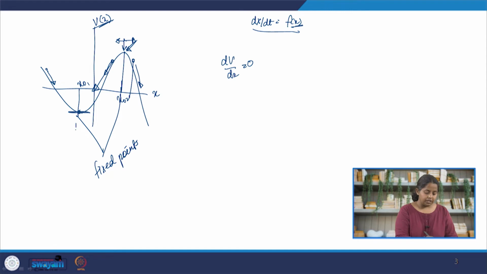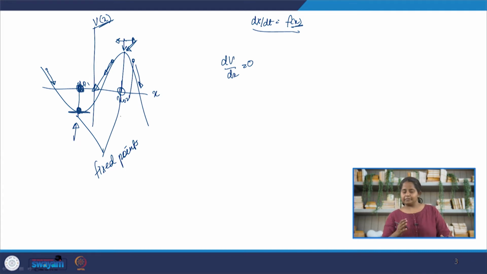However, this, which appears to be a local minima, is a stable fixed point, because if there is any perturbation to either left or right, lesser or more, around the fixed point, then the x will return back to the fixed point. So we know this is a stable fixed point and this is an unstable fixed point.